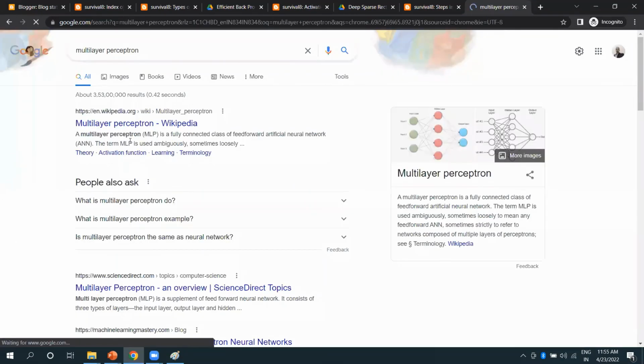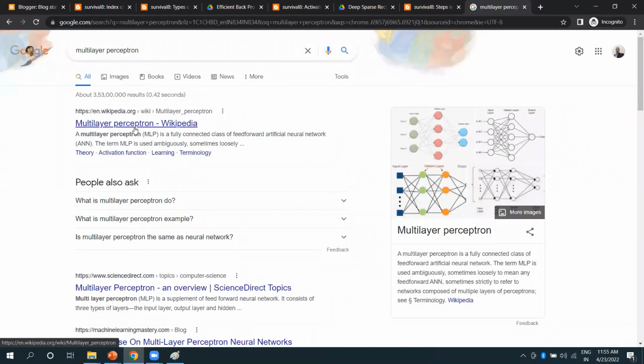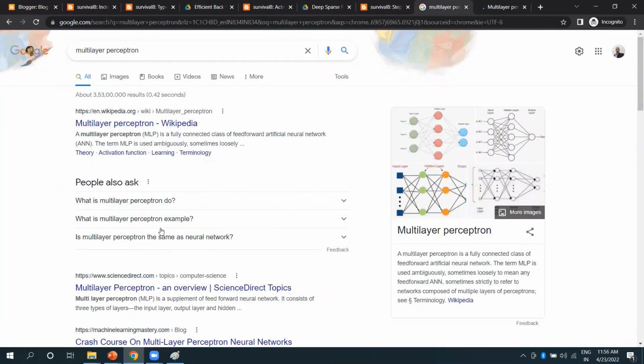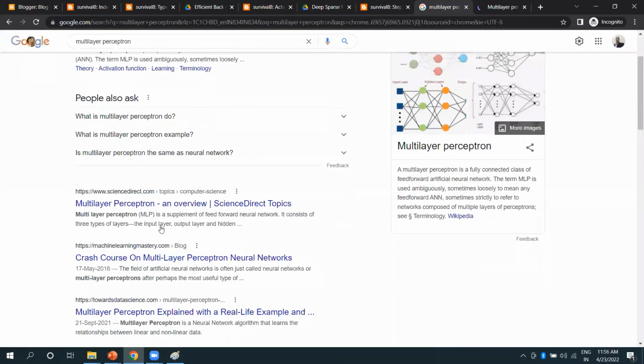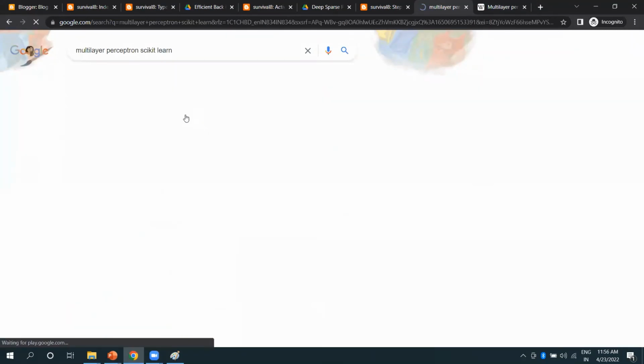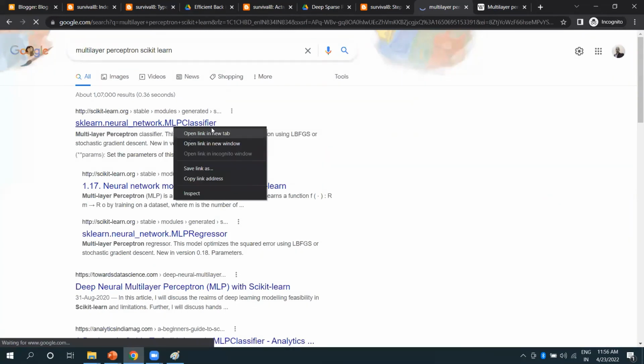On Wikipedia, a multi-layer perceptron is a fully connected class of feed-forward artificial neural network, and its implementation is given in scikit-learn as MLP classifier.